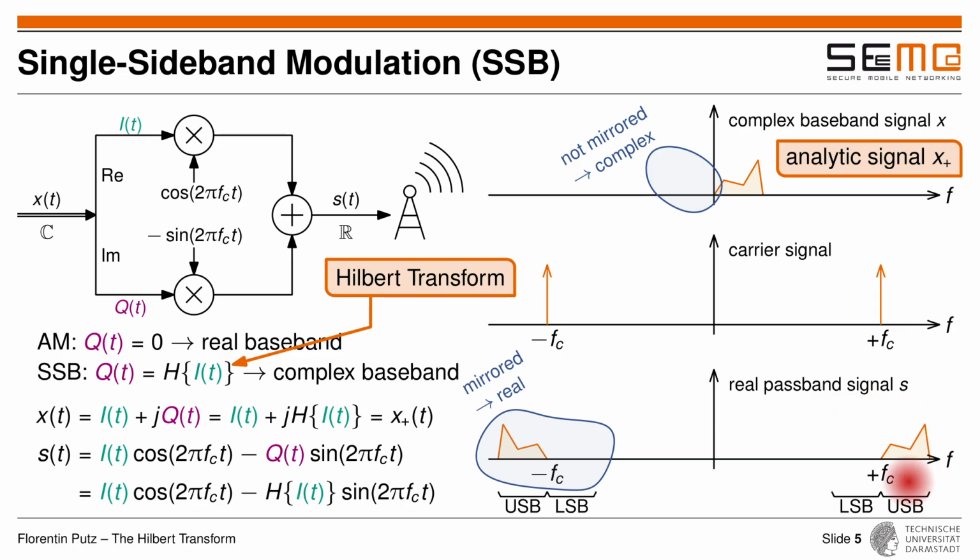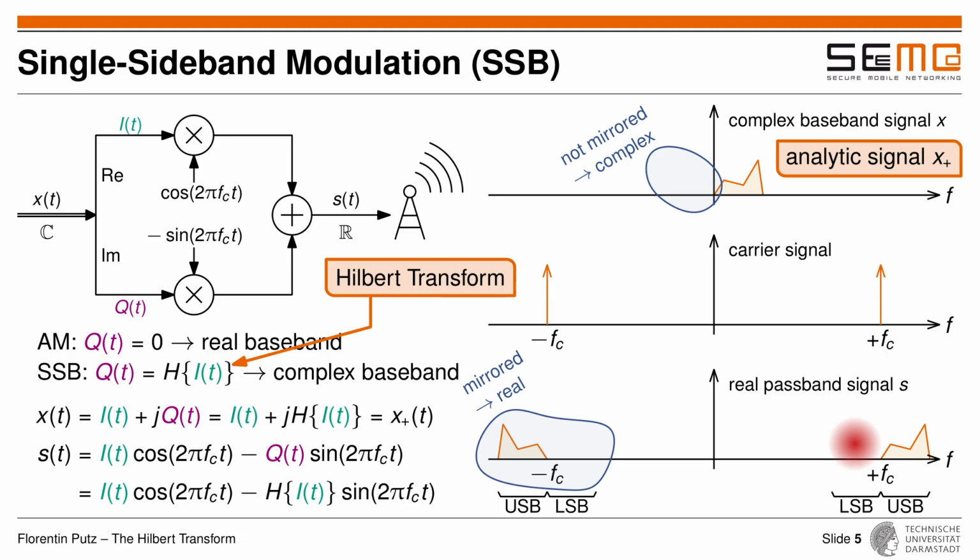So we don't waste the lower sideband anymore, because we just shift this up, and this just doesn't have negative frequencies, so we also won't have a lower sideband. And this is a more efficient form of modulation, because we don't transmit the same stuff twice in the lower and the upper sideband. We just transmit one of those sidebands by using a complex baseband signal.